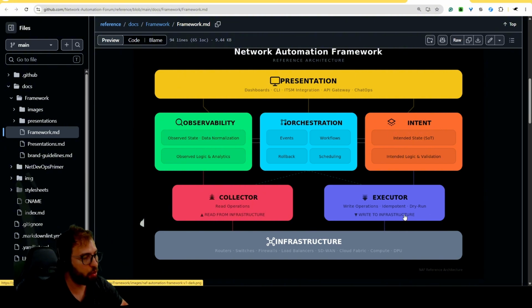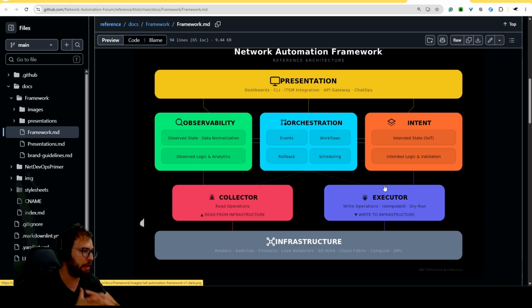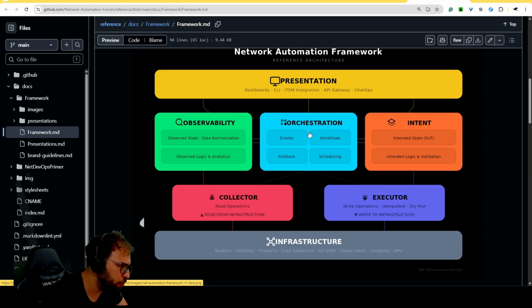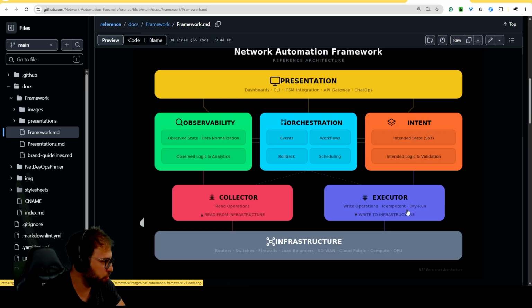Here is the one that is really responsible for executing the write operations. And it's very common to see the orchestrating and executing blended together. In future episodes, we're going to take a deeper look at how we can create this orchestration and also break it down into more steps and an architecture for us to build such a tool with orchestration and executor.